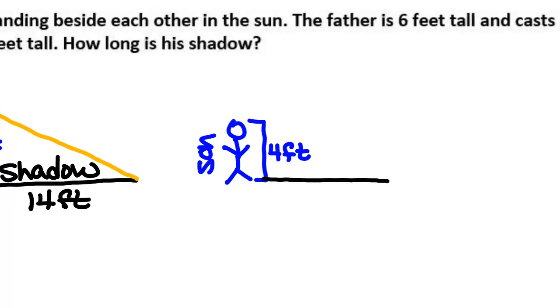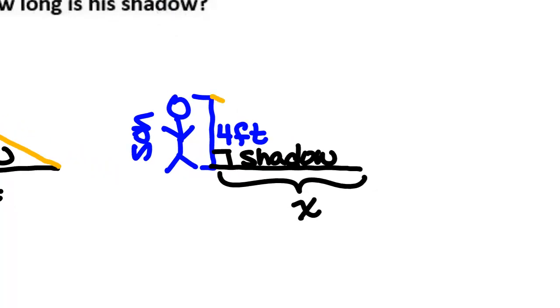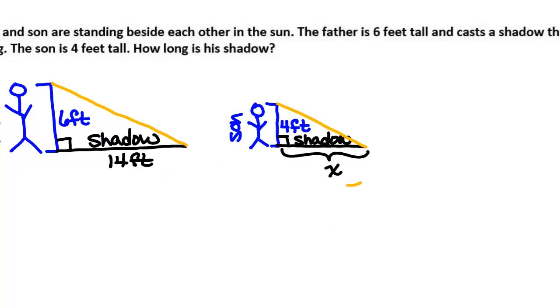He is casting a shadow, though. And just like Dad, it's making a right angle with the ground. Since I don't know how big the shadow is, I'm going to call it x. That is what we've been asked to find in this problem. How long is his shadow?